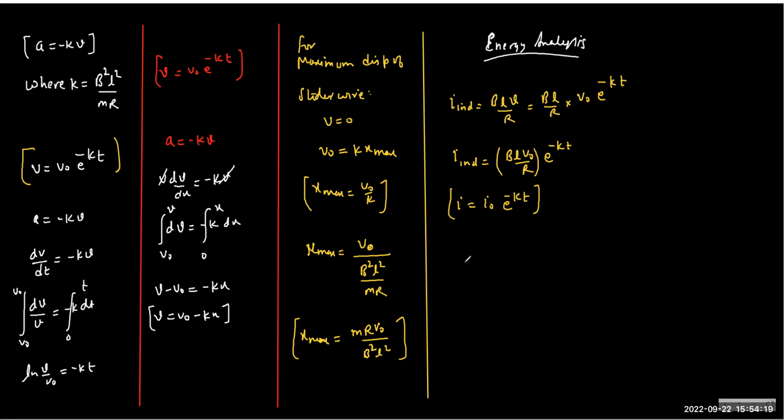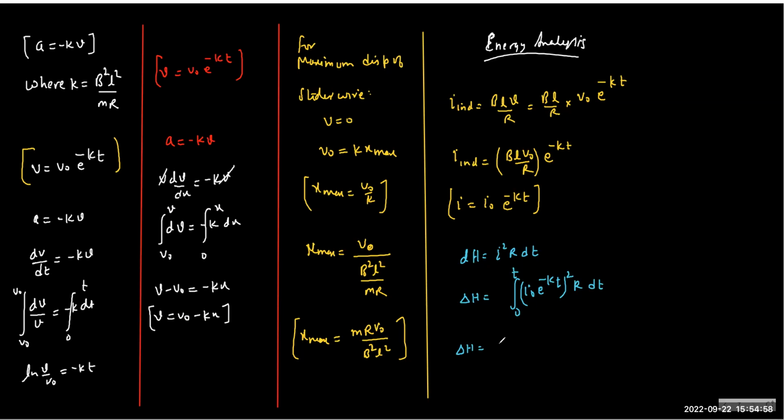So there are two ways in which we can solve this question. The one is the amount of heat dissipation by Joule's law of heating. We can write I square R dt. And because we know I as a function of time t, this is pretty much a straightforward calculation. We can write I naught e power minus kt whole square R dt, and then you can do it from 0 to t, or for any time interval.